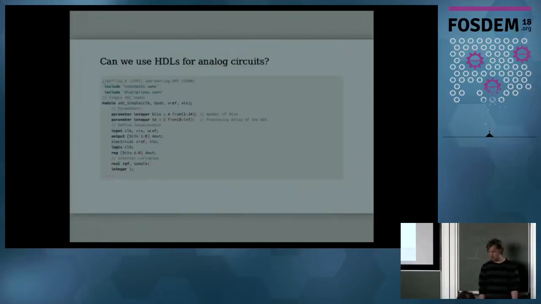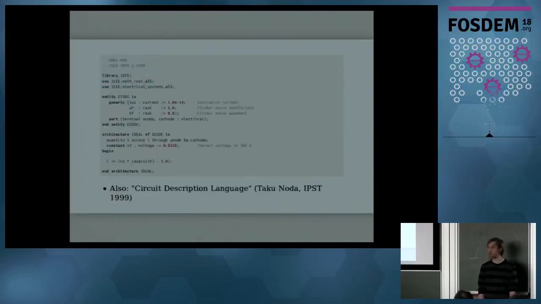So people have tried to extend HDLs for analog and mixed signal design, and Verilog-A was designed in 1993, and it was merged into Verilog-AMS in 2000. There are also analog and mixed signal extensions for VHDL, and some more experimental ones where I couldn't actually find implementations.